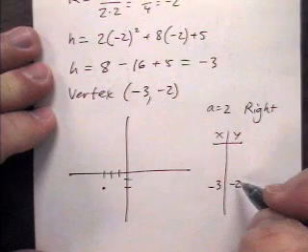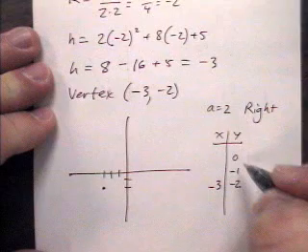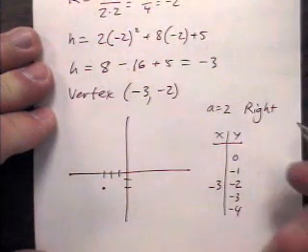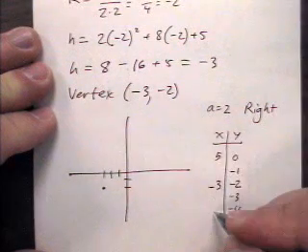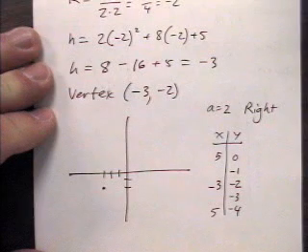That's kind of different. Picking y values like negative 1 and 0, negative 3 and negative 4. If you plug in a 0, you end up with 5, so that must mean that negative 4 will also give me 5.